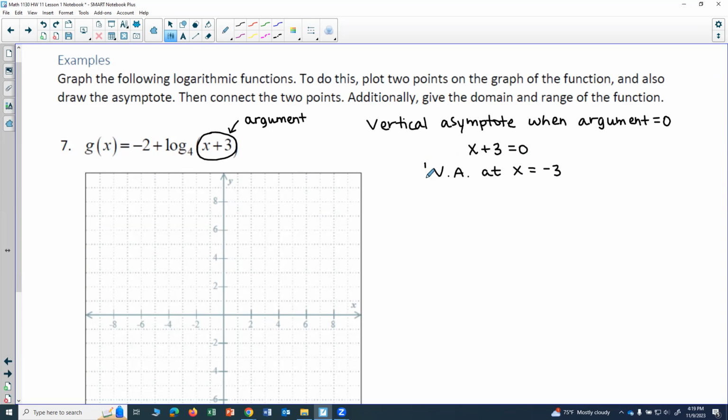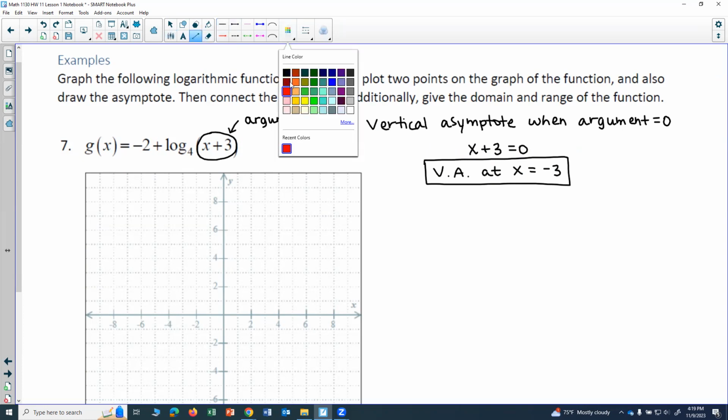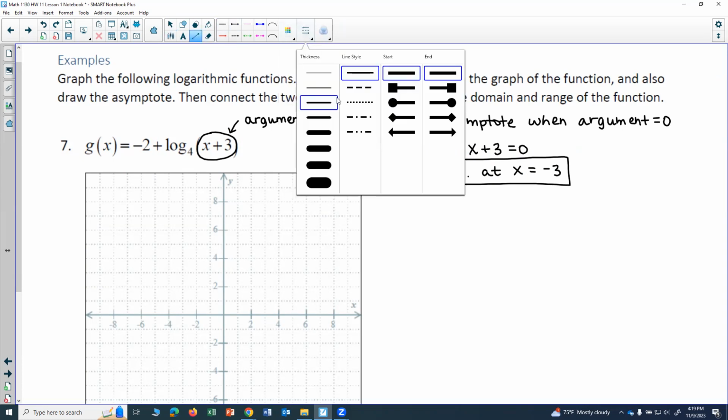And I want to plot that first, just so I know that my graph is not going to go there. So I'm going to grab my line tool, and I want it to be a dotted line because it's not part of my graph, it's just the asymptote.